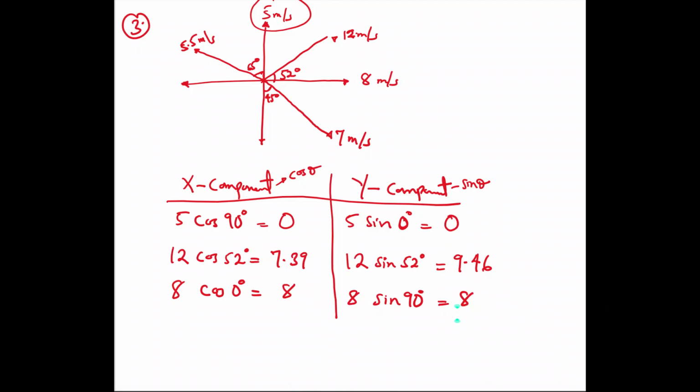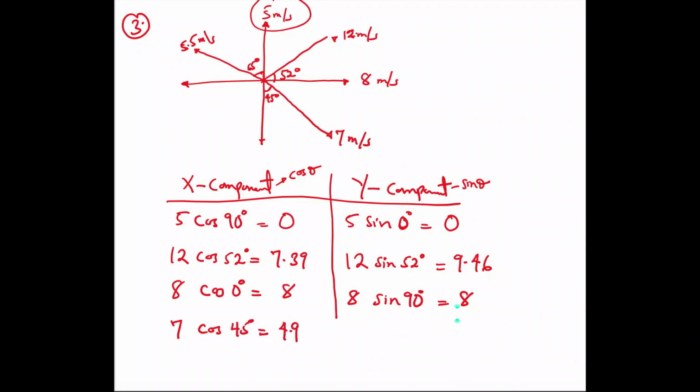So 7 now, this one is facing down, but it is facing right. So for the x component, because it is facing towards the right part, it's still going to be positive. So that will be 7. But now this is going to be the angle that is facing this side. Since this side is 45, 90 minus 45 is 45.